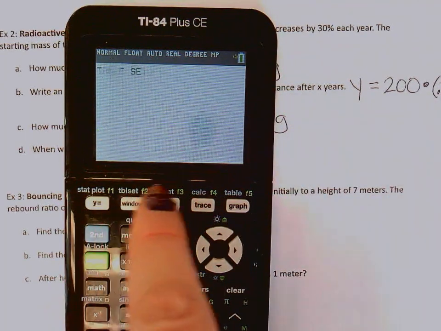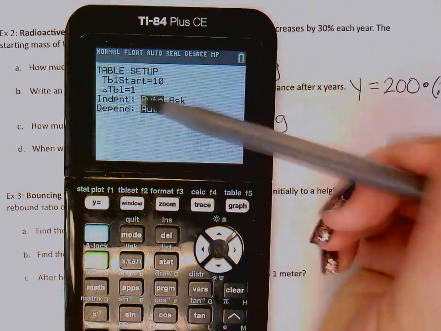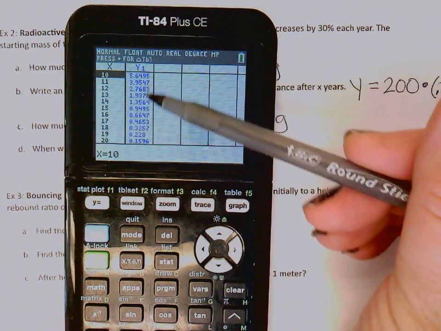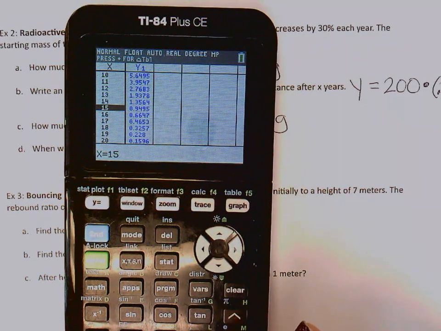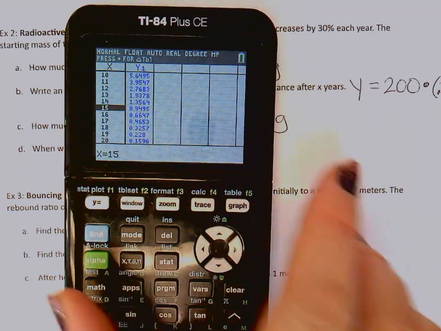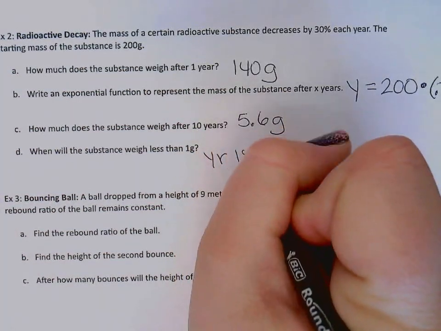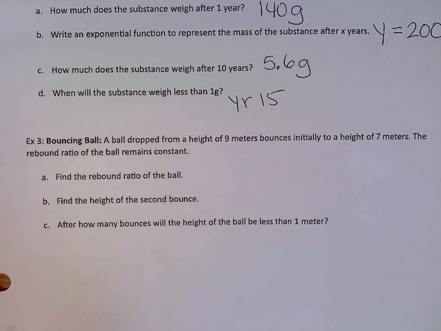Then set up the table, where I could start at year 10 and count by a year at a time. And then my table will show me when I eventually get to less than a gram. So maybe by year 15. Does that make sense? You can use the table, you could plug and chug. As long as you know a strategy to use on your final exam or on this test with a calculator, you're good. Graph, table.